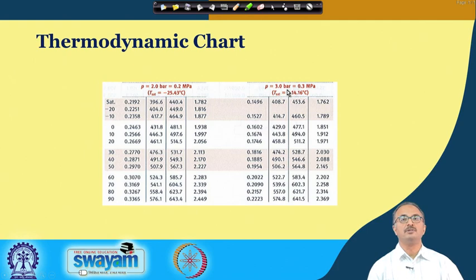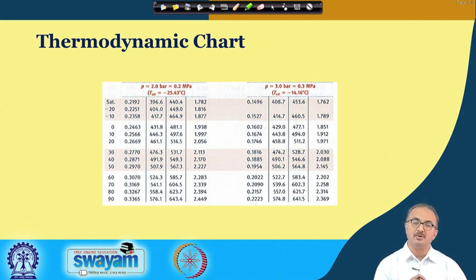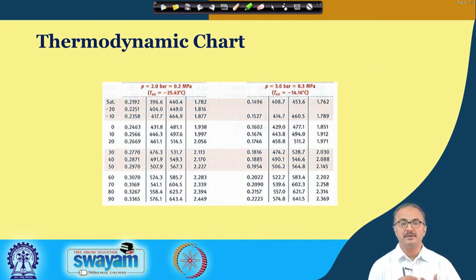Why are we taking so many pressures? This is because, unlike interpolation, for which we generally go for only 2 or 3 points in the neighborhood of the actual independent variable value, in regression we try to understand the correlation between the independent and dependent variable, and for that, the more experimental values we have, the better will be our understanding of the interrelationships between the independent and dependent variables.